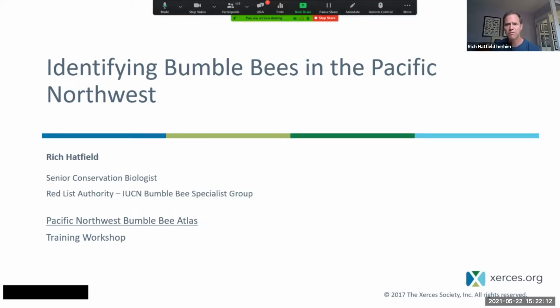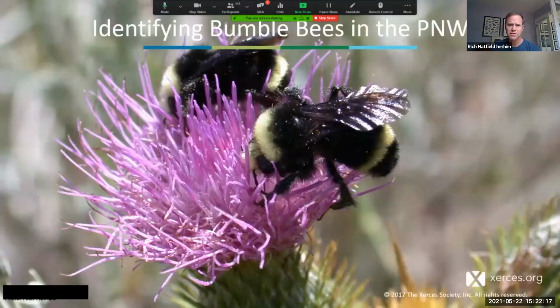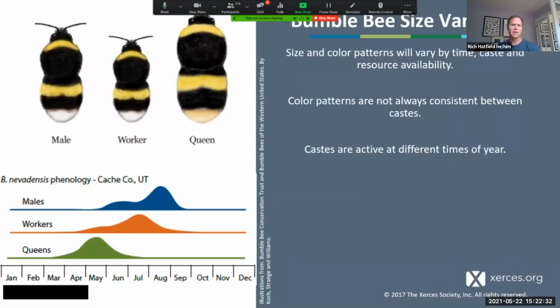So here we go, photography and ID tips. Some of this is going to start as a flow chart of how to think about identifying a bumblebee from other animals that you might see when you're out on the landscape doing this work. An important thing to consider as you get started, as we've talked about from their life cycle, is that there are different castes of bumblebees.